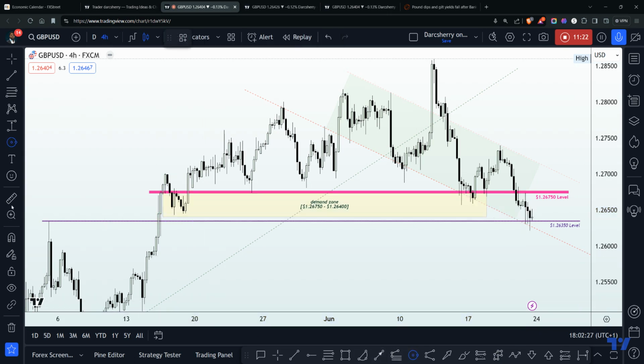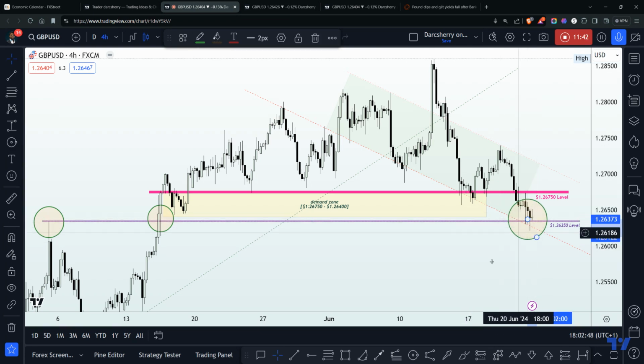Remember, this level here at the beginning of the month was a strong selling niche before price broke above the structure. And ever since price broke above the structure during the mid month of May, price has remained above that structure. Now, fast forward to last week, Friday, you can see what happened.